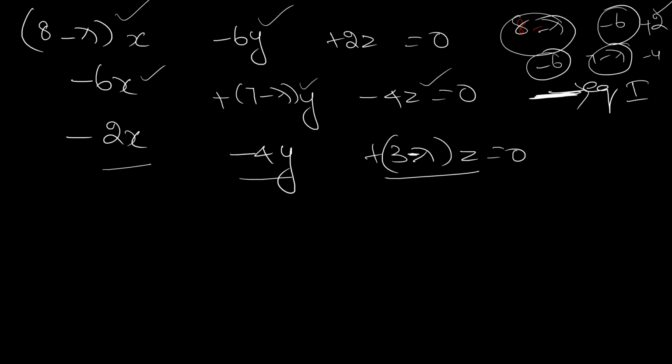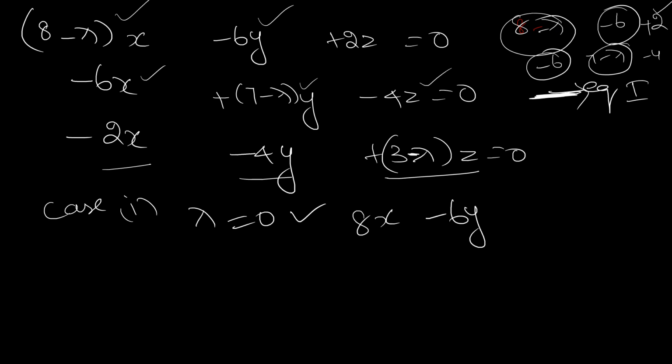Basically what you are going to do is, you have 3 lambda values, right? So case 1, first what is the easy one? We'll take lambda 0. We'll substitute here. We will get system of equation, that is 8x minus 6y plus 2z is equal to 0. I have substituted lambda 0.